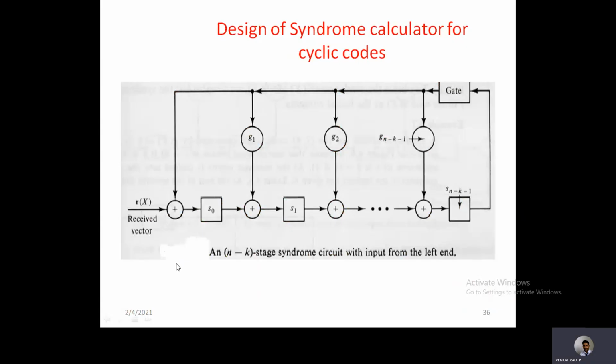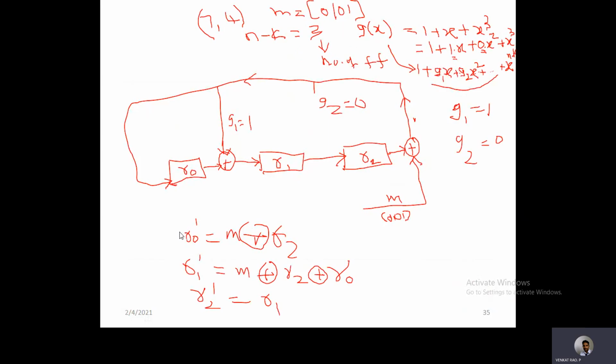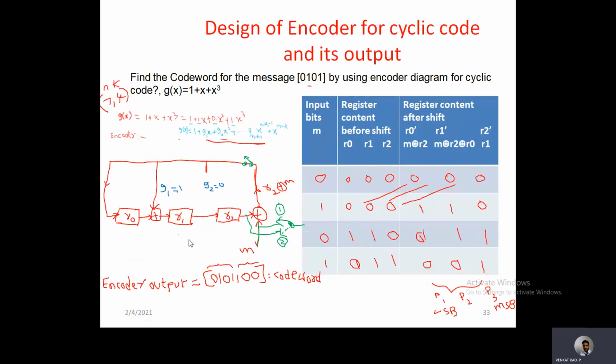Whatever code vector you are receiving at the receiver side: here the decoding means that after this encoder, this is the code word we generated, this is the encoder output. This output is transmitted, and in the receiver section we must receive the same thing.